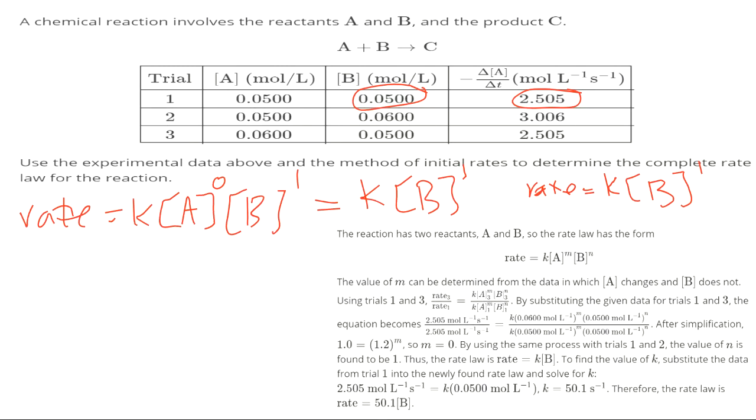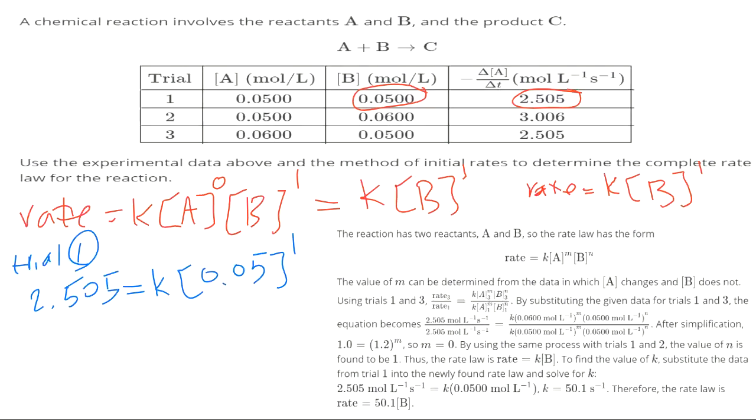Rate is 2.505 for trial 1. We are using trial 1. 2.505, which is the rate, equals k times 0.05 to the power of 1.